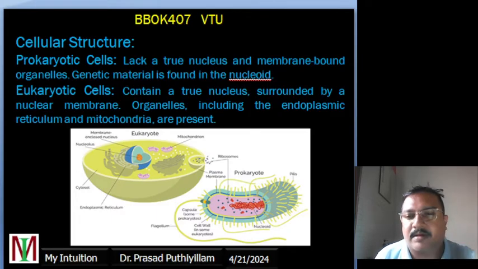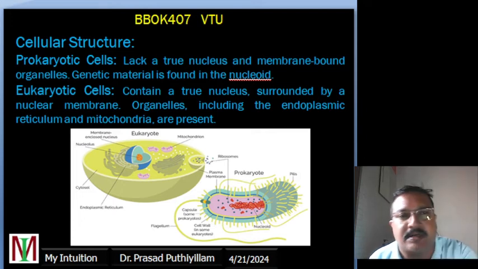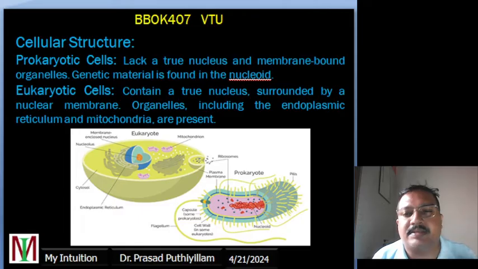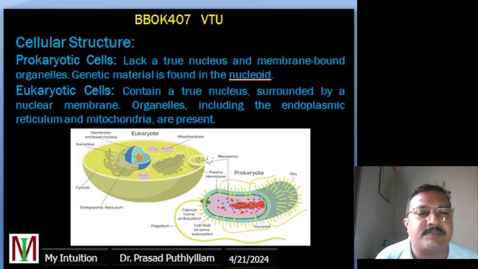All the other substances are just floating in that room freely, in a jelly-like substance called the cytoplasm. So the DNA, the other organelles, everything is there in the cytoplasm, a single room cell which is called a prokaryotic cell.